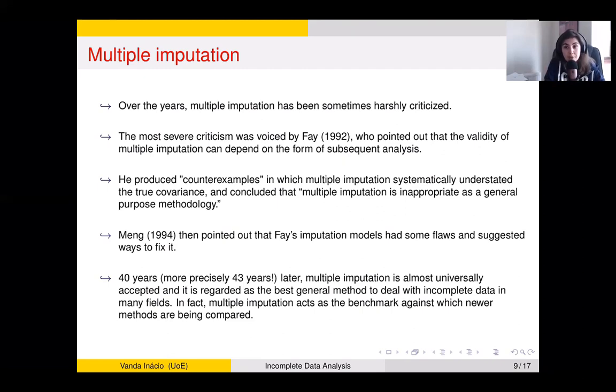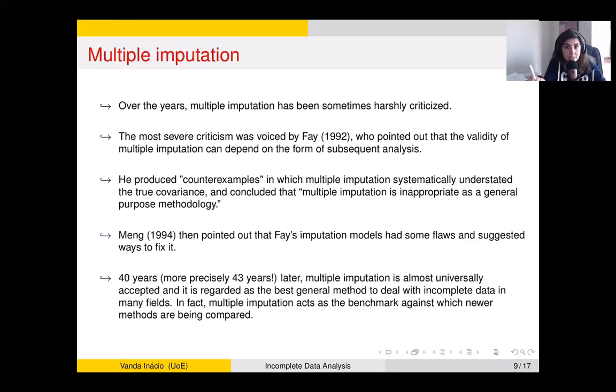For instance, if in our analysis model we include an interaction between two variables, then that interaction should also be present in the imputation models. This is just one example, and Fay didn't take these details into consideration, and that's why he concluded that multiple imputation was not good.